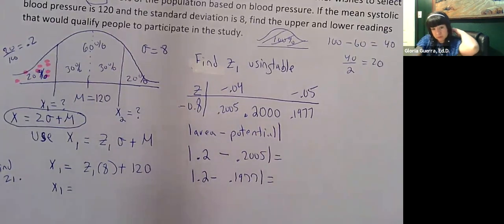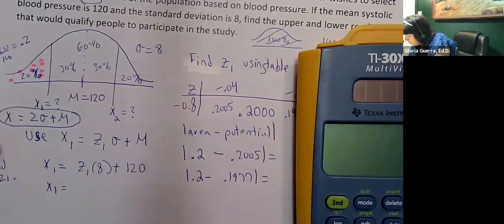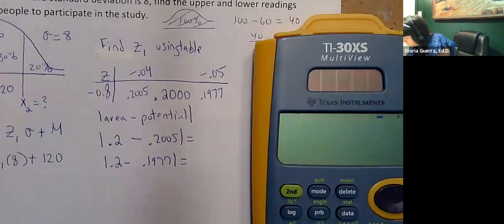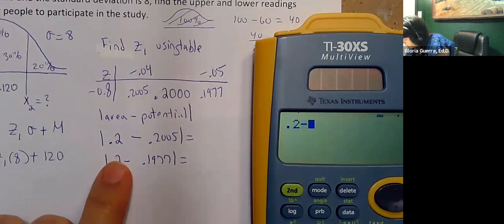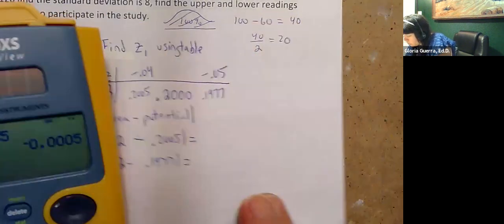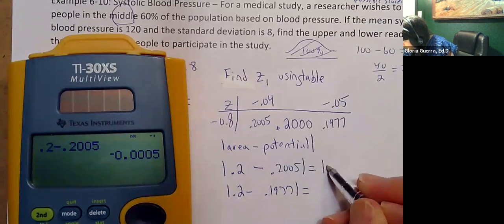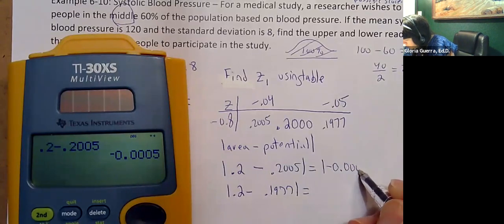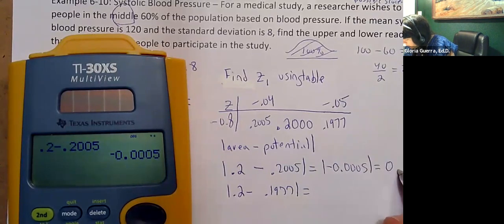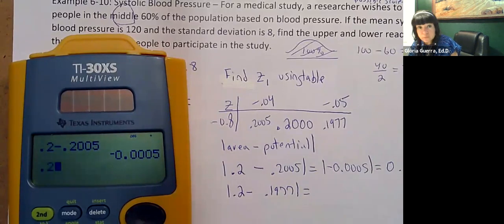I like to use the basic calculator because it saves me a step. So I do 0.2 take away 0.2005, absolute value of that, and then 0.2 take away 0.1977.